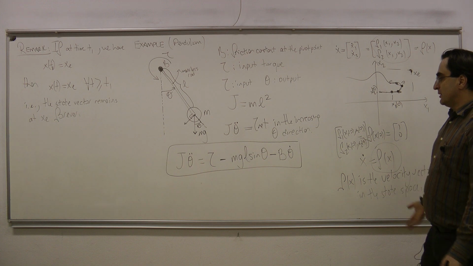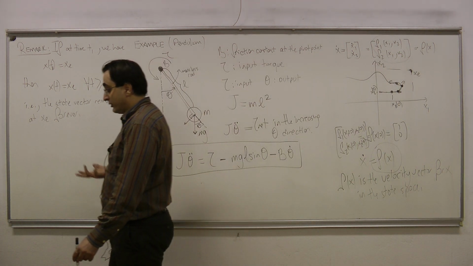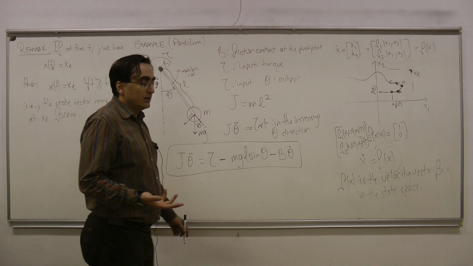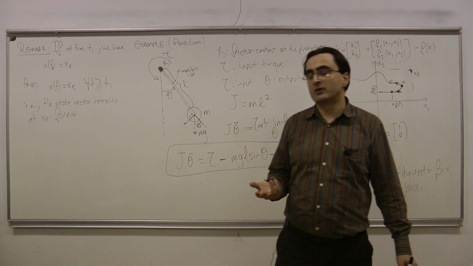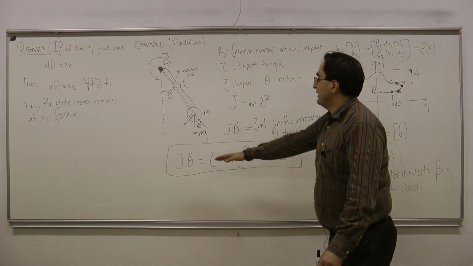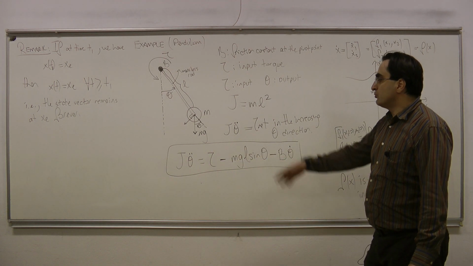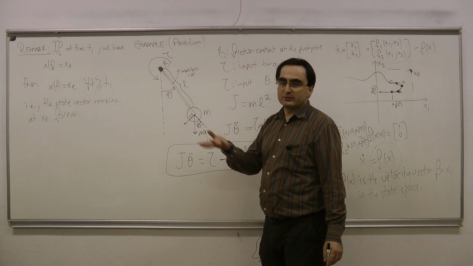The first thing that I'm going to do is to define a state vector. For defining a state vector, I need to know how many state variables I would use. So what is the order of this nonlinear differential equation? When you try to determine the order of a nonlinear differential equation, you need to look at the derivatives.